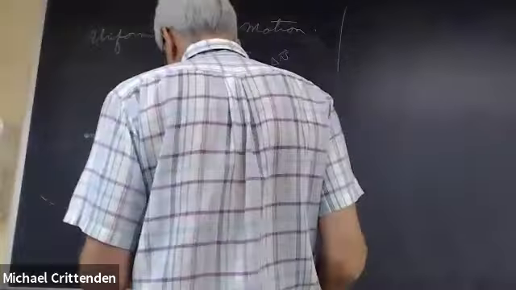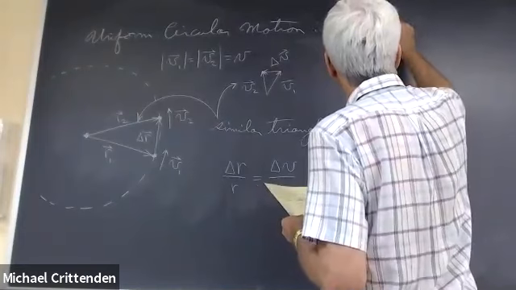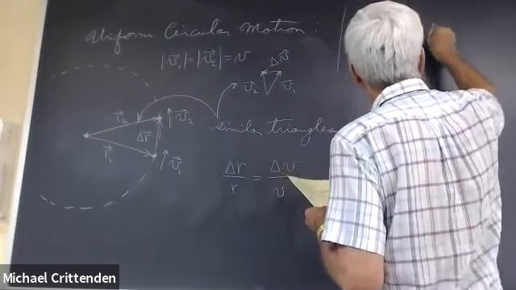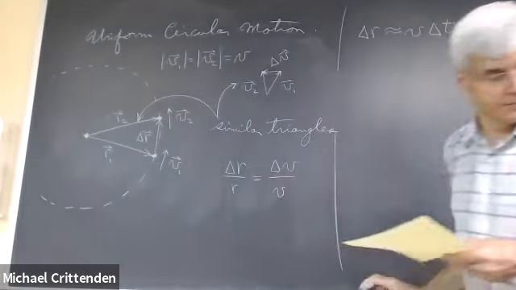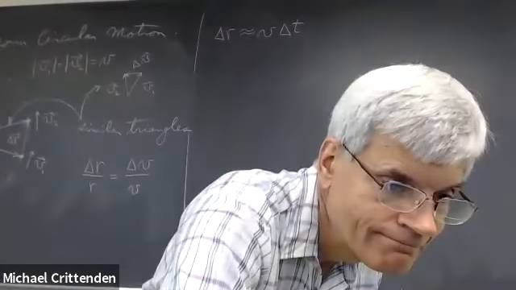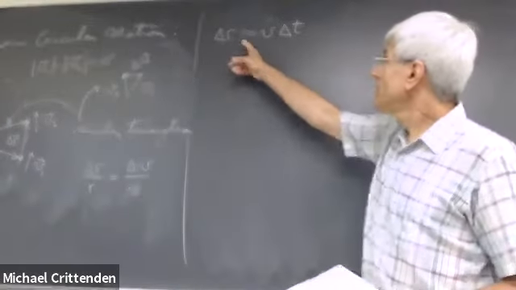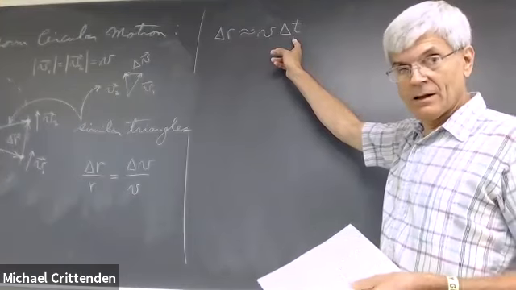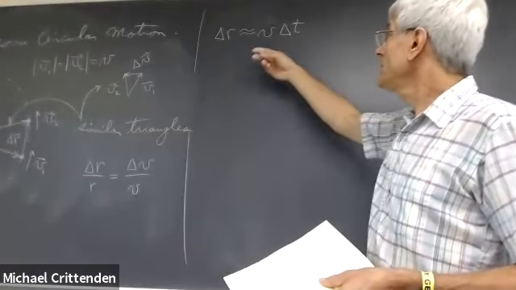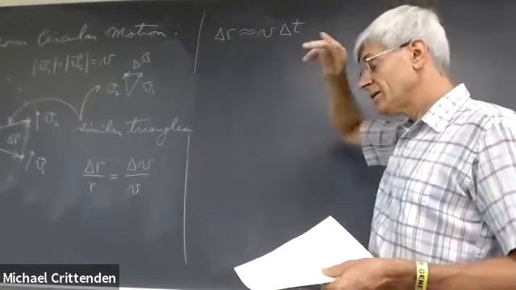Now, along with that, distance equals speed times time. Back in section 1, it was delta x equals v average times delta t. The speed doesn't change anyhow.